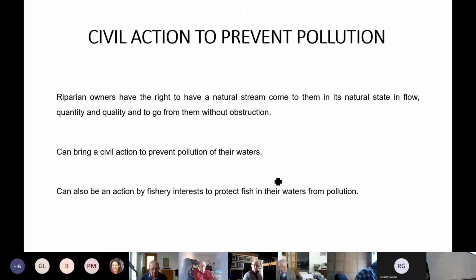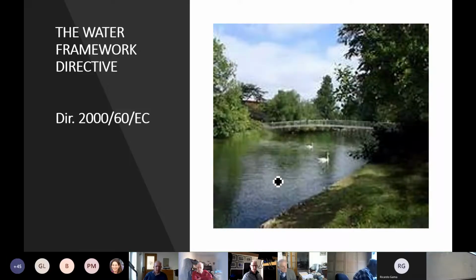And a court will say, well, it has to make a material difference. So a couple of microplastics or whatever wouldn't do, but a good case could be brought. And similarly, there can also be an action by fishery interests to protect fish in their waters. But let's move to the main agenda and the Water Framework Directive.